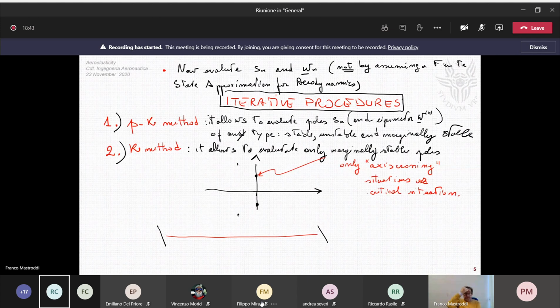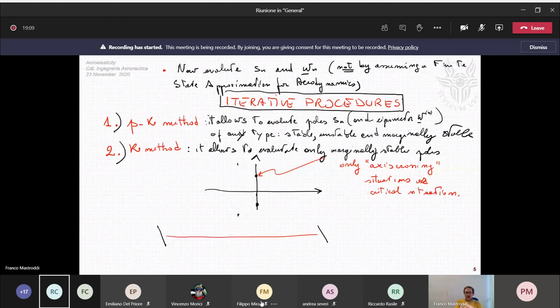And the second method, the K method, which I want to consider today in our discussion, is a method which is able to identify only the critical condition for our system.